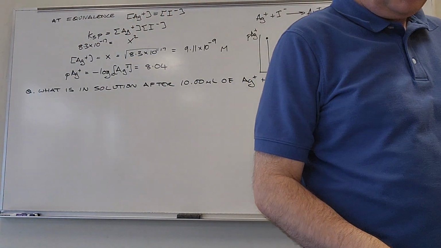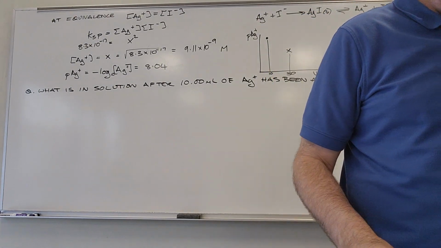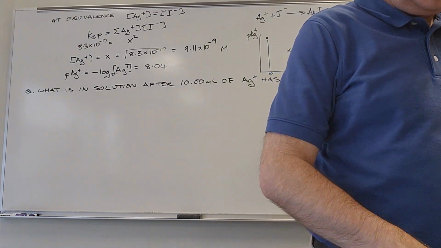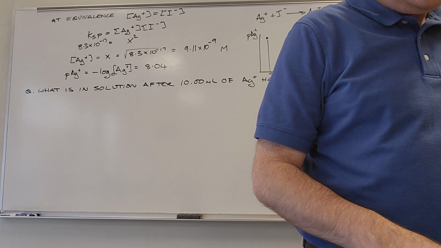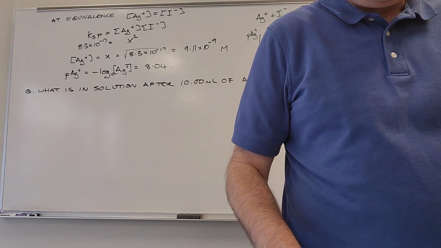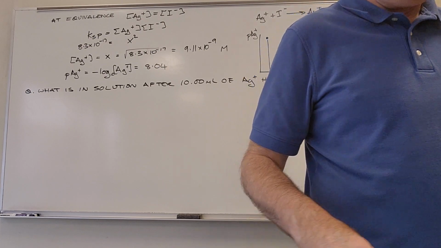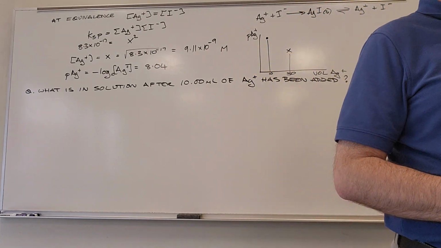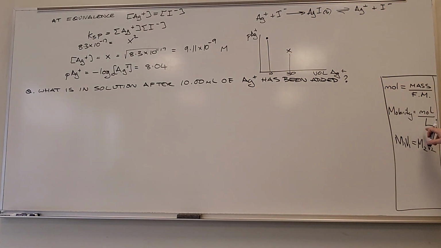There's a long way and there's a short way. The short way, got to tell you, requires you to know this new thing. The old way, the long way, just needs you to know that if molarity is moles per liter, then molarity times liter is the number of moles. Make the number of moles match, and your answer just pops out. It's a little bit cumbersome, but it gets there.